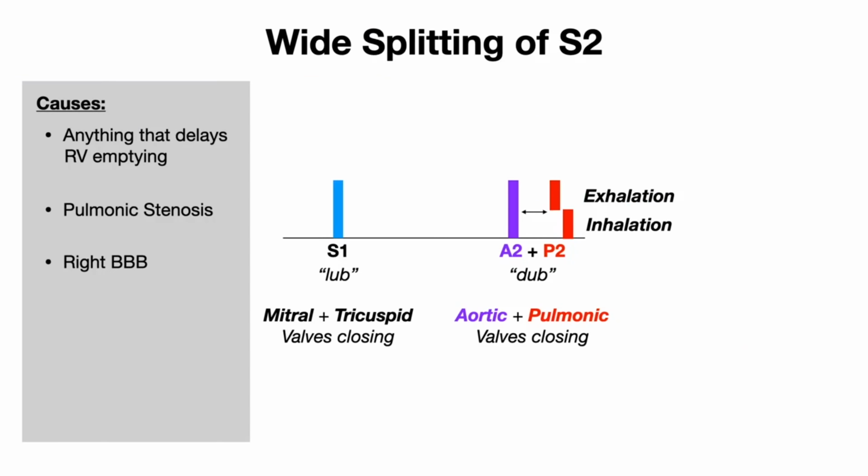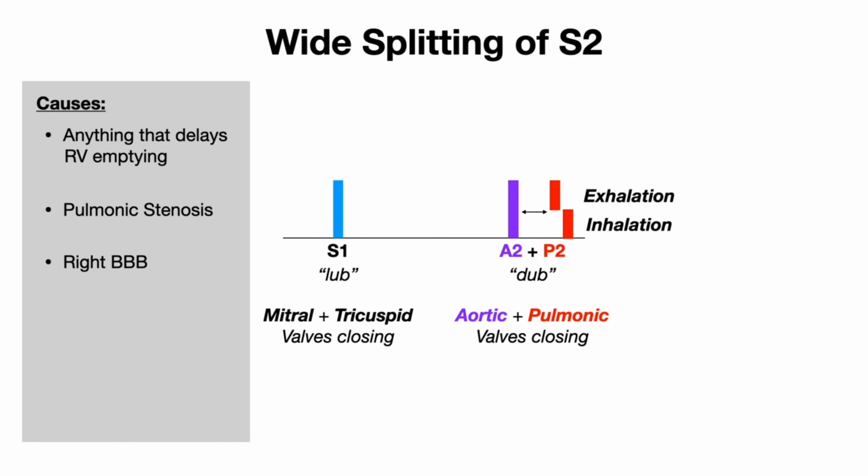This means that when we look at a graph or a visual depiction of wide splitting, the A2 sound and the P2 sound will get spaced out, and during inhalation, the P2 sound will get spaced out even more. So I really hope that makes sense. This is wide splitting, and this is how this works.